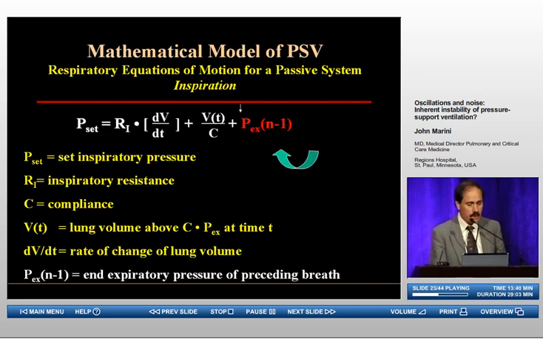When you look at the pressure on inspiration applied to the respiratory system, and you're talking about a passive respiratory system, the pressure that you need relates to the resistance, to the tidal volume, and to the end expiratory pressure.